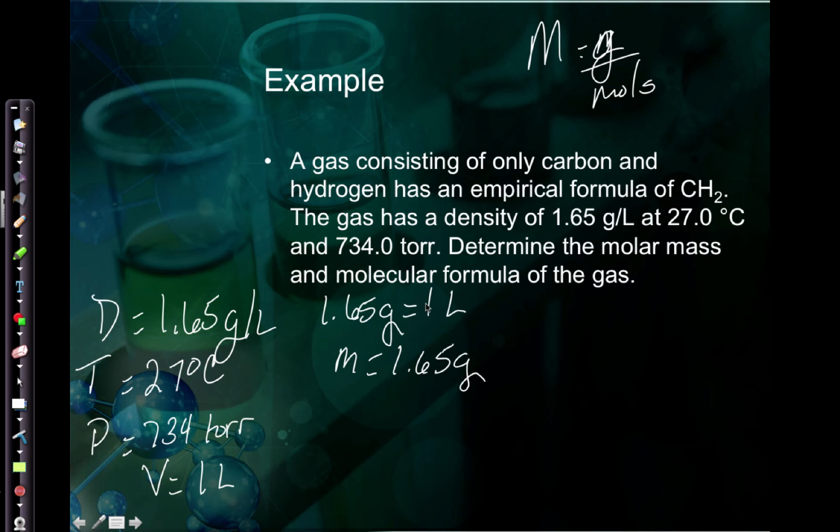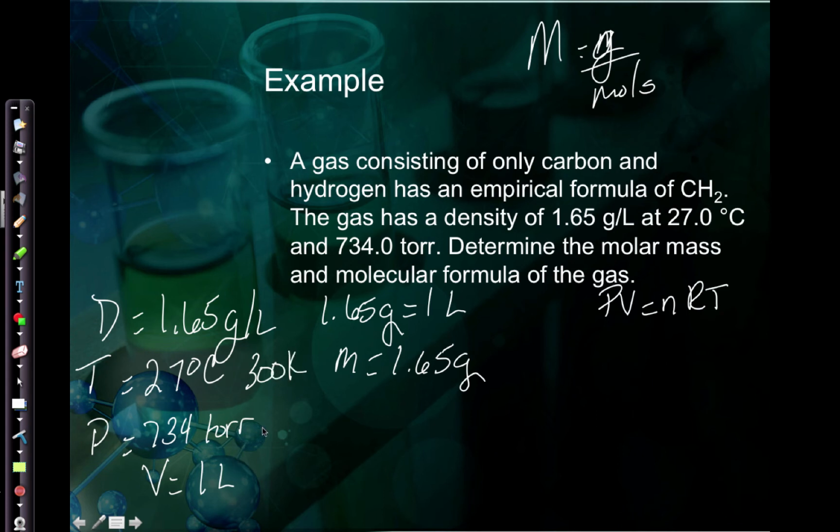Okay, so now I have my mass. I just need to know how many moles I have at this volume and these parameters. So I'm going to use the ideal gas law to find the number of moles, because I have a pressure, I have a volume that I set, I have R, and I also have temperature. So now I just need to convert all of my units. 27 plus 273 gives me 300 Kelvin.